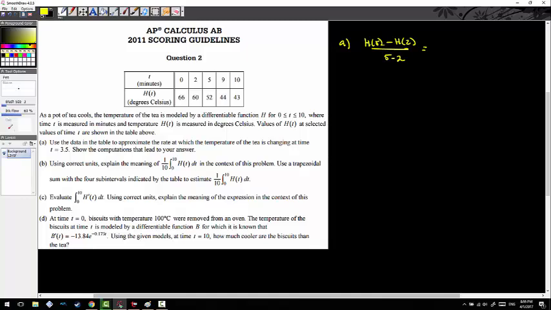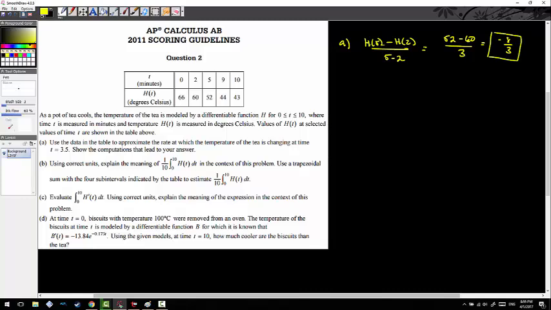And that is going to be 52 minus 60 over 3, and that's going to be negative 8/3. It doesn't say indicate units of measure, so I square that up and I move on.